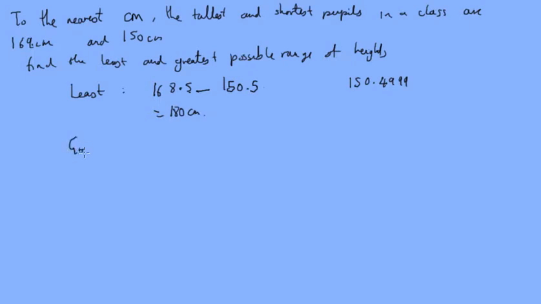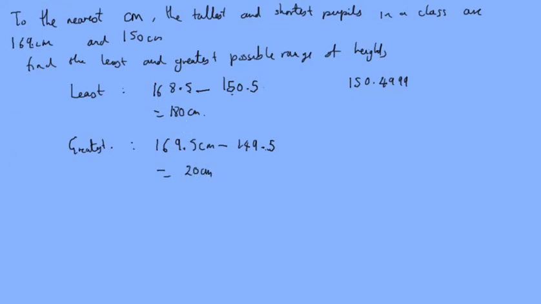For the greatest, we take the 169.5, so the same thinking as we did for the 150.5, 169.5 would be the highest number that we could possibly have, and we take away 149.5, which can be rounded up to 150, as the smallest possible height of a student, and that will give us the 20 centimetres as the greatest range.